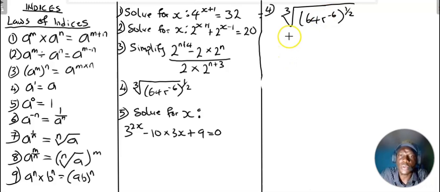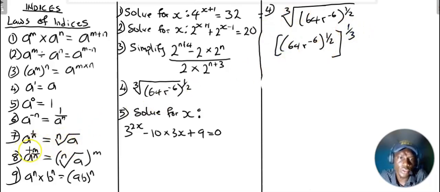So we are going to be having 64r raised to power minus 6, brackets close, 1 over 2, then all of them in another bracket raised to power 1 over 3, according to the seventh law, the fractional index law.